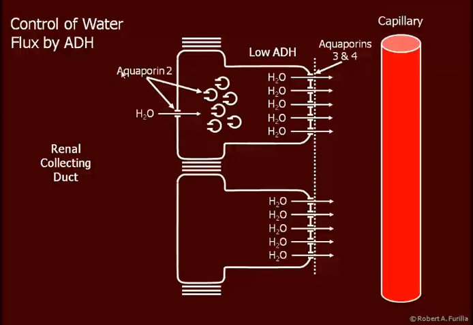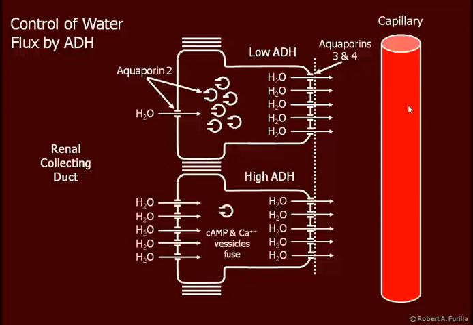Without aquaporins, water is not free to move into the cell, through the cell, and exit the basolateral surface and re-enter the plasma. So in this condition, we want to lose water to bring our blood volume back down, to bring our blood osmolarity up.